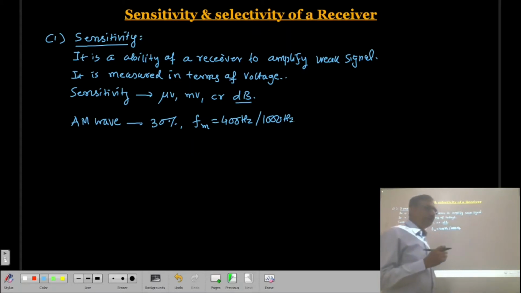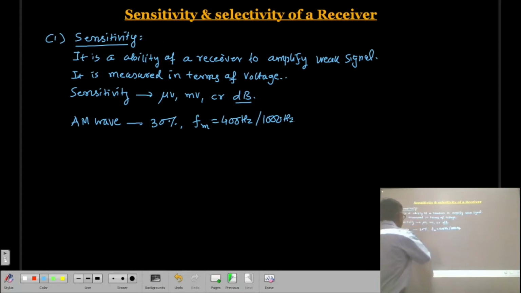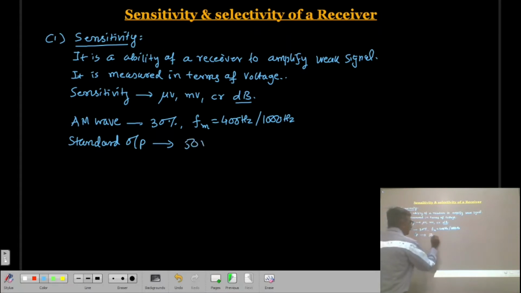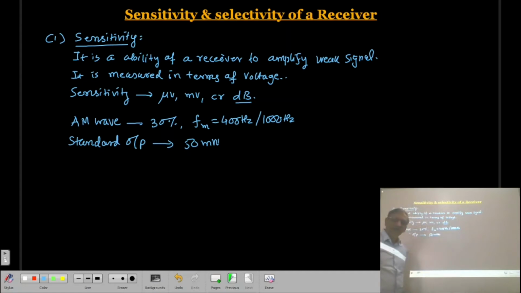Then we change the amplitude of this input signal so that you can have a standard output. And what is the standard output? We apply the amplitude modulated wave, then we measure the output. The standard output for this AM receiver is 50 milliwatt. So for which input signal the output of the radio receiver is 50 milliwatt, that is known as the sensitivity of a radio receiver.